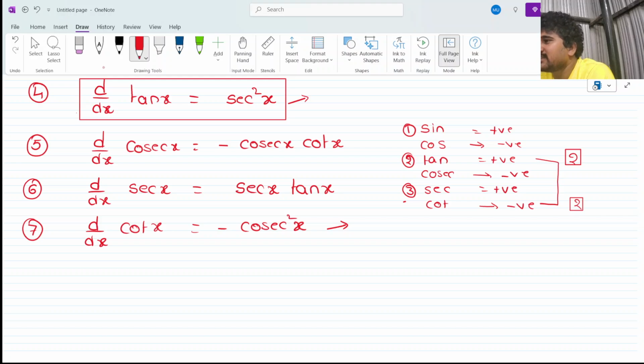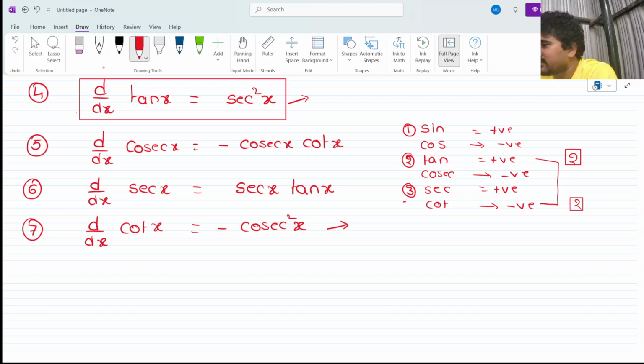Cosecant, minus cosecant x into cot x. Secant x into tan x. Cot x, minus cosecant square x.